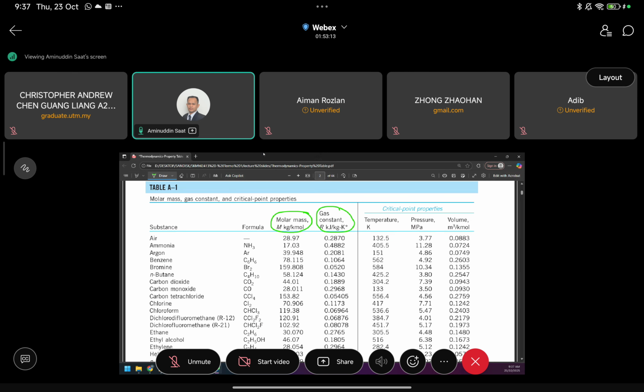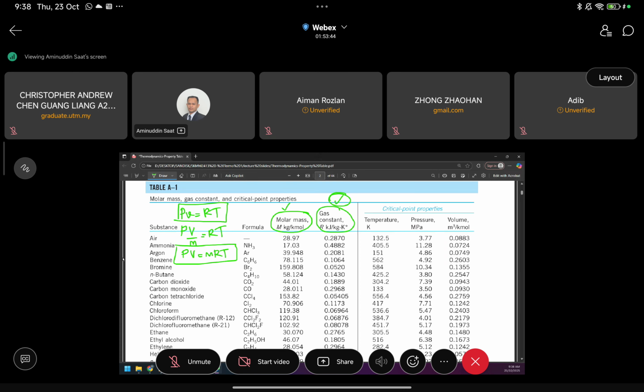So most probably you use the gas constant because you use PV = RT. Or if you don't want to use v, PV = mRT, if you bring the m to the right. I don't know whether you are familiar using either the first one or the third one.